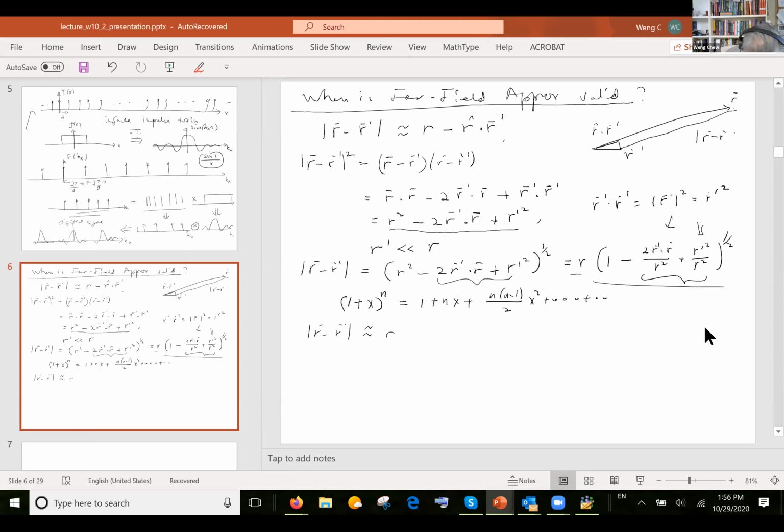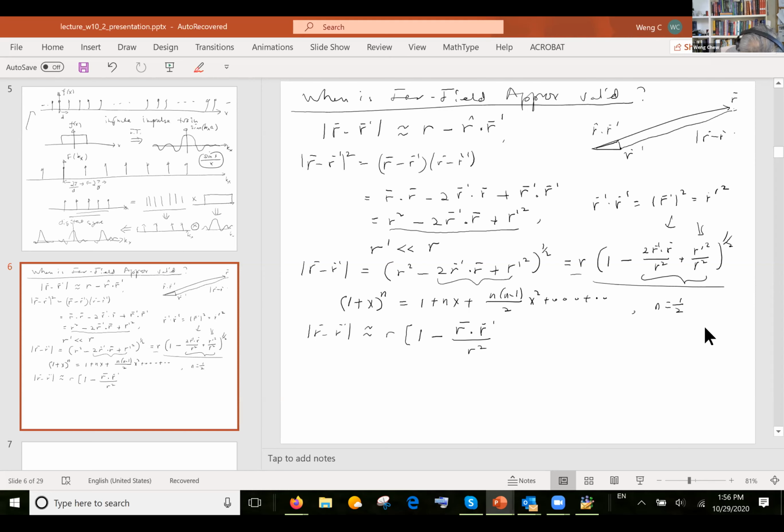And if you don't mind me doing that quickly, it's just algebra, which I think you know how to do at home. So the first term is going to be this. I just keep the first term there. And n is taken to be half in this expansion.